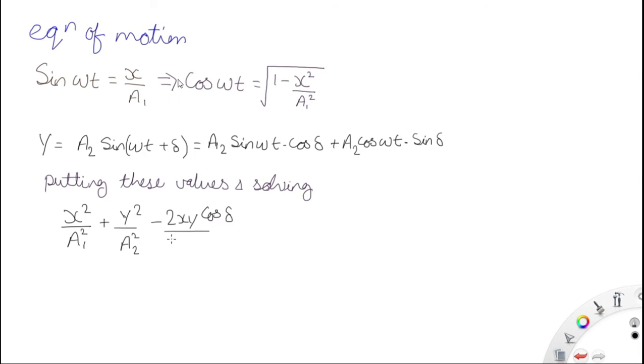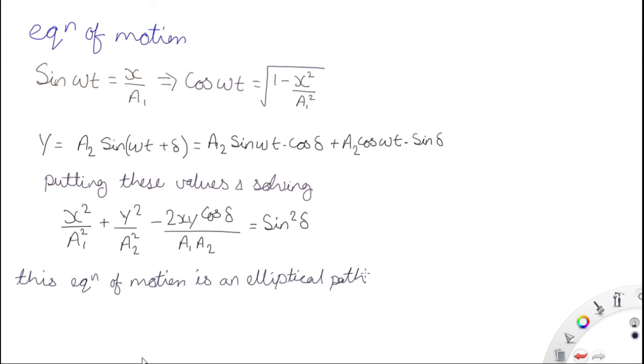So the square root of 1 minus sin square omega t is equal to cos omega t, and it will take only the positive value. Now y is a2 sin of omega t plus delta, which is equal to a2 sin omega t cos delta plus a2 cos omega t sin delta.